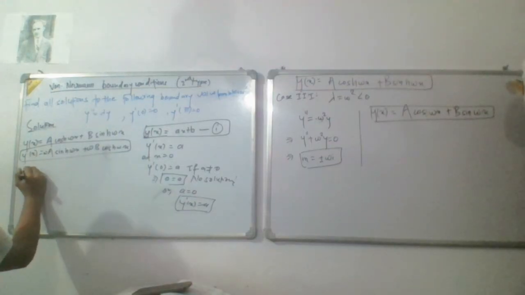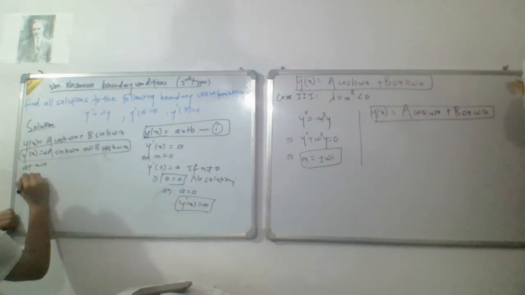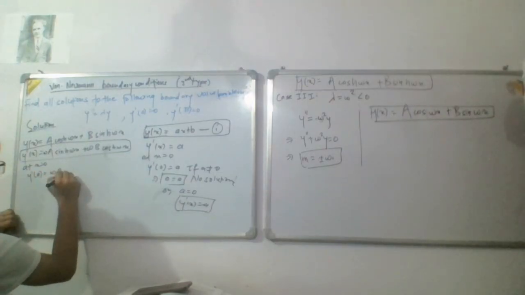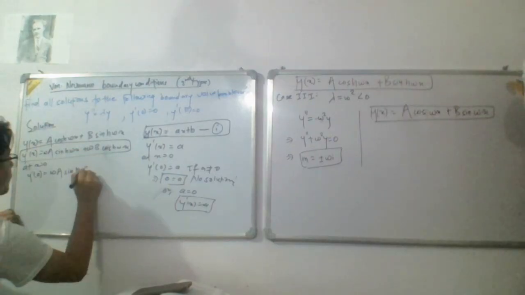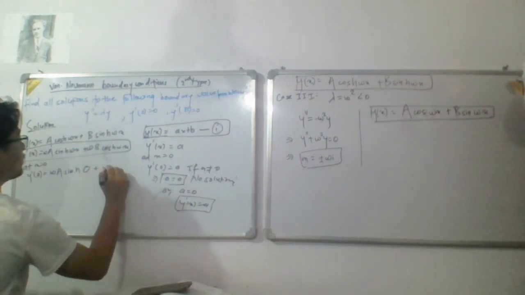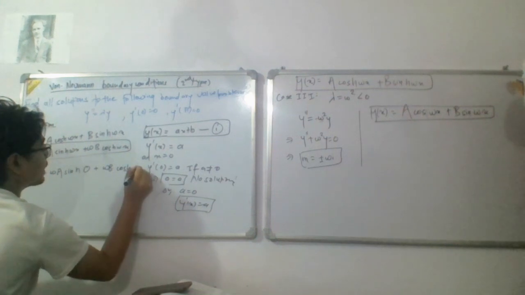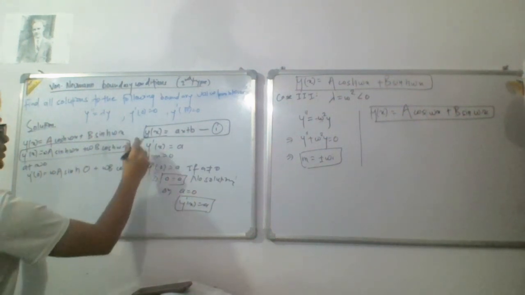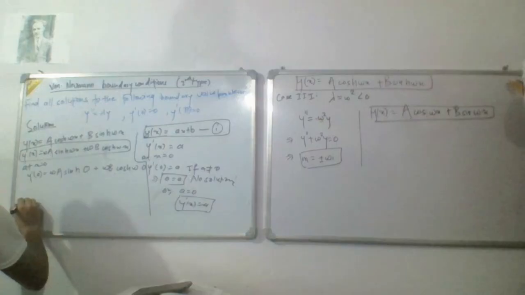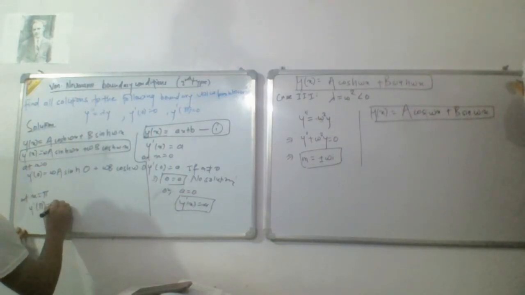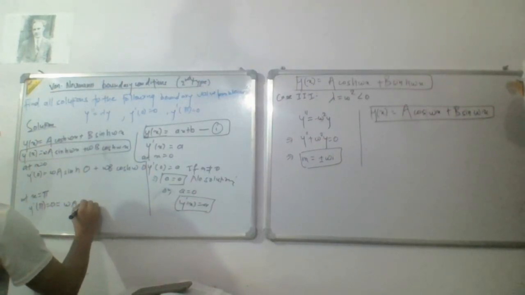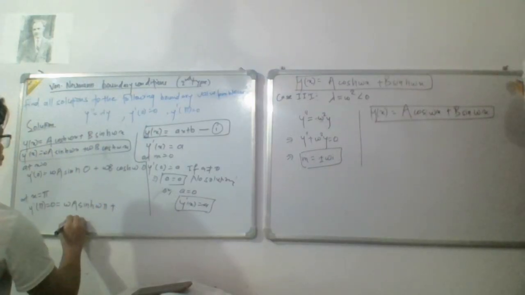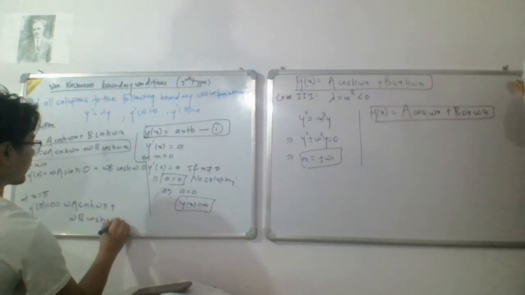At x equals 0, y dash of 0 equals omega a sinh omega 0, that is sinh 0, plus omega b cosh omega 0. And at x equals pi, y dash of pi is also 0, equal to omega a sinh omega pi plus omega b cosh omega pi.